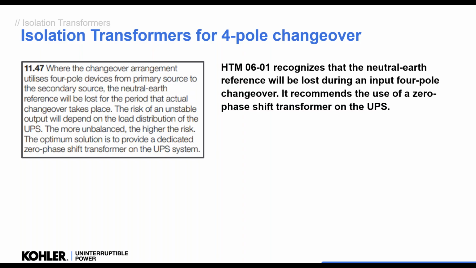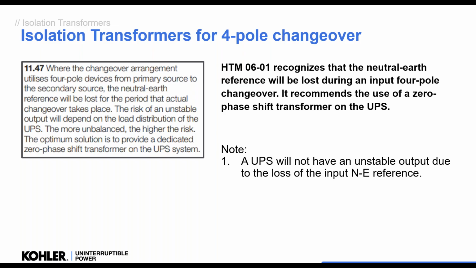Now, it does recognize that we need to address this problem. It recommends the use of a 0 phase shift transformer, but it should be noticed that the UPS output would not be unstable because it's lost the input neutral earth reference. The output from the UPS will remain stable, 230 volts line to neutral, 400 volts line to line, but the neutral and earth are not connected, and this is a problem we're trying to overcome.